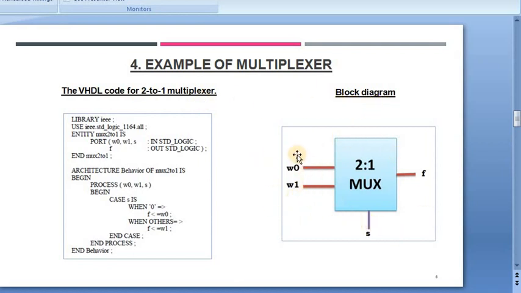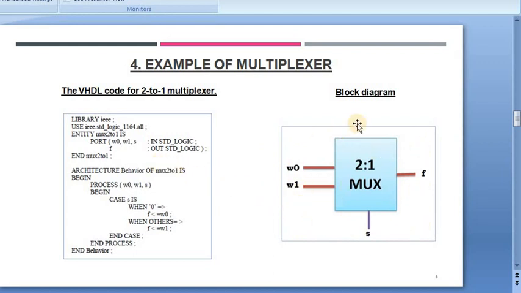There are 2 inputs, W0 and W1, one select line S, and one output, Y. Now the inputs are selected according to the select line logic S. Any one input from W0 and W1 will be selected and connected with the output.